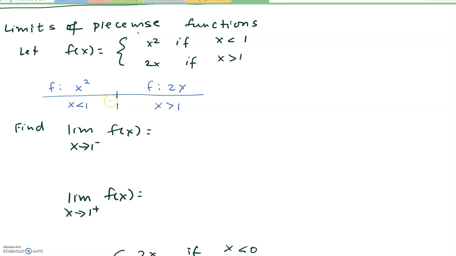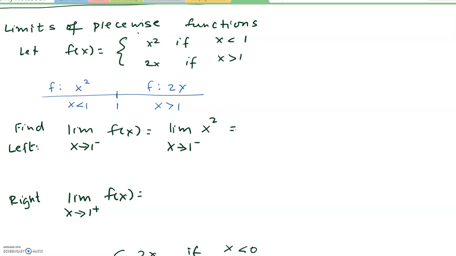So I've just organized the information here. This will be the left limit, and this is going to be the right limit. In the left limit we have x going towards 1 minus. To the left of 1, the rule is x squared. So f of x is actually x squared.